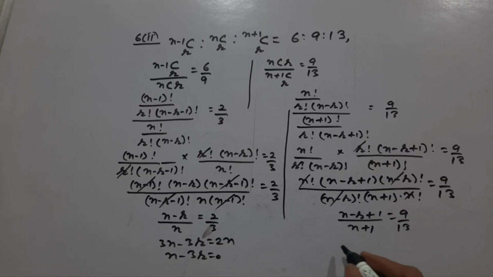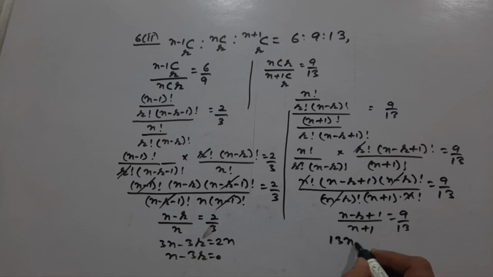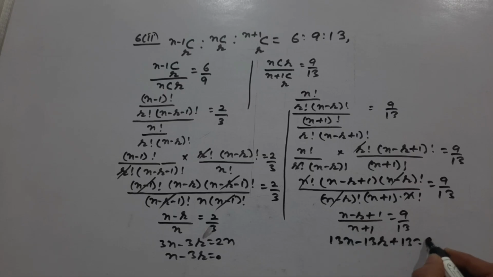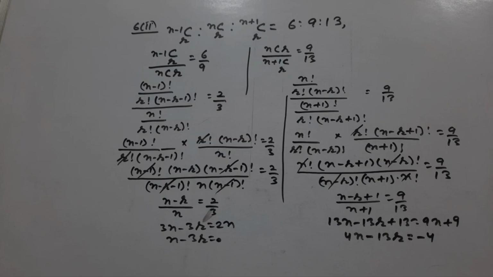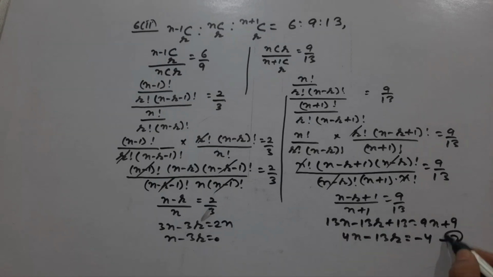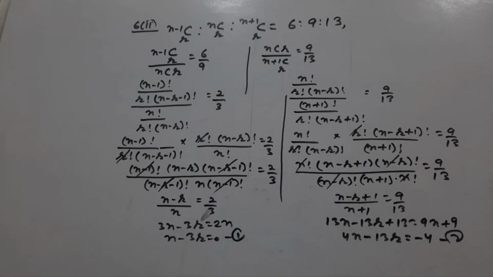Now solving it, 13n minus 13r plus 13 equal to 9n plus 9. So on solving we get 4n minus 13r equal to minus 4. Right, this is number 2 and this is number 1.